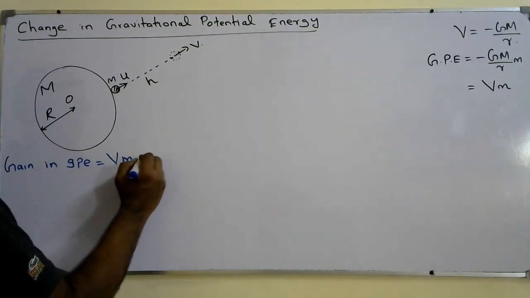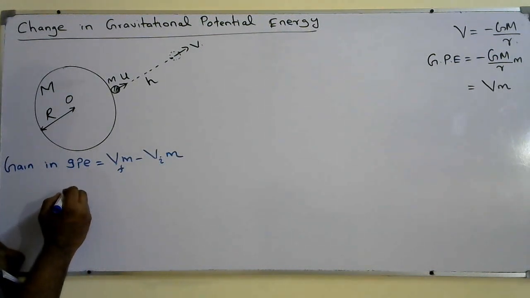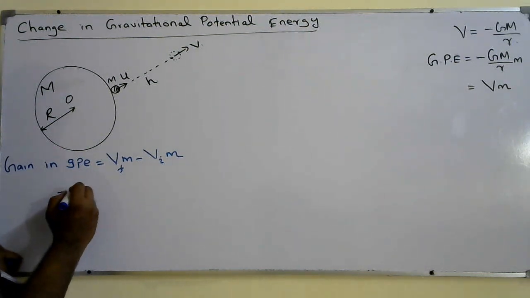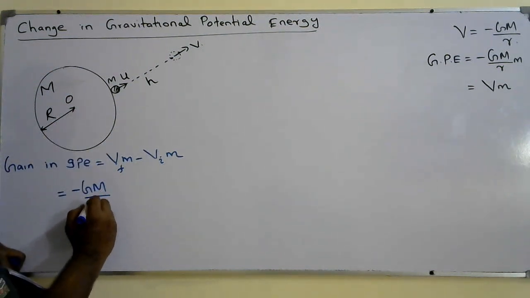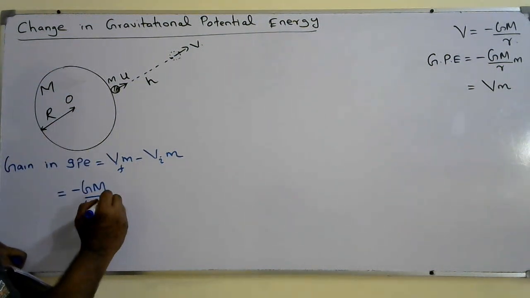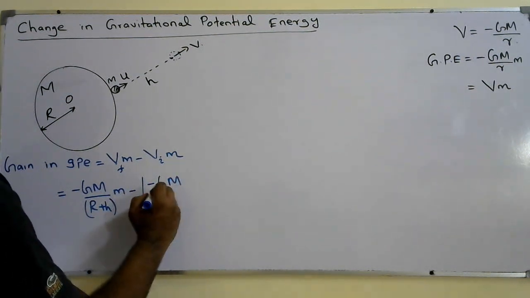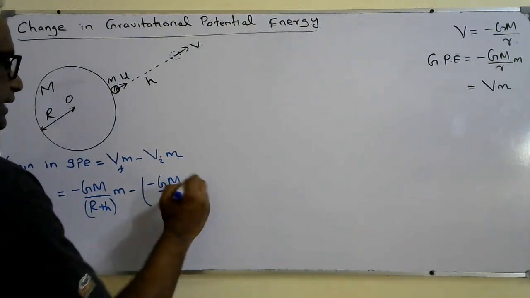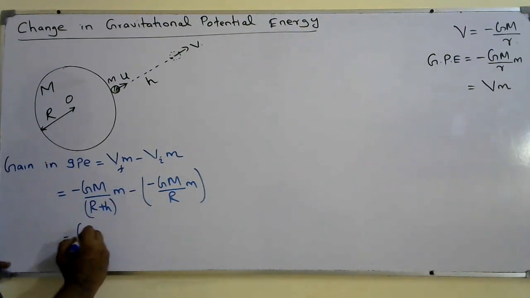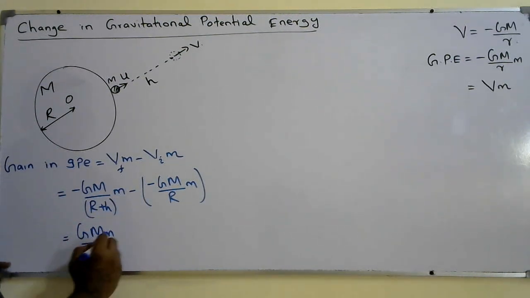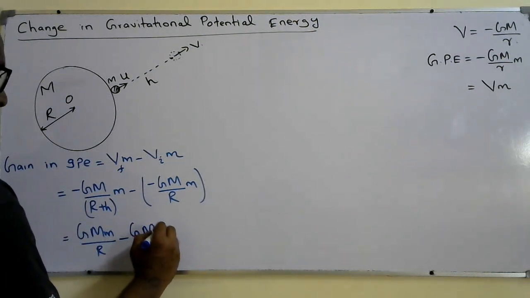So the final gravitational potential is equal to minus GM over r plus h, where r is the radius of the planet, into m, minus minus GM over r on the surface of the planet into m. So it's going to be minus into minus, plus GMm over r, r being the radius of the planet, minus GMm over r plus h.